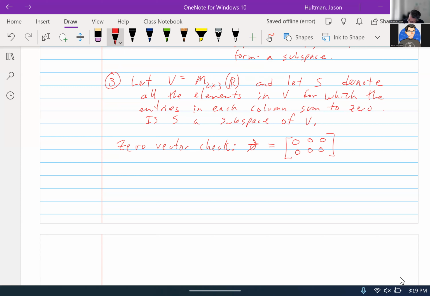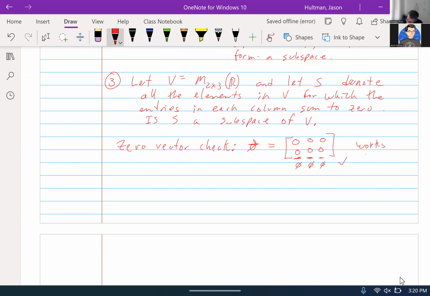Does it work that if I add the rows together, the columns will all sum to 0? 0, 0, 0, and yes, it checks. It still has the same property. The 0 vector is a part of the subset, so it works.